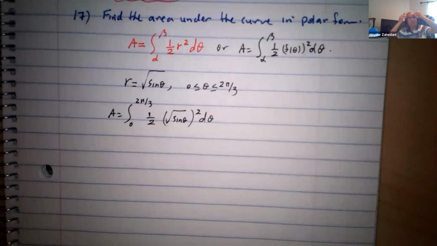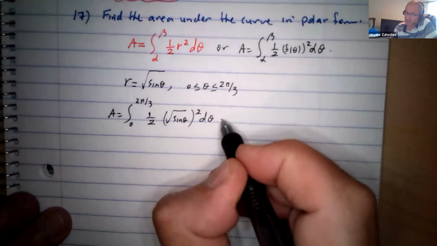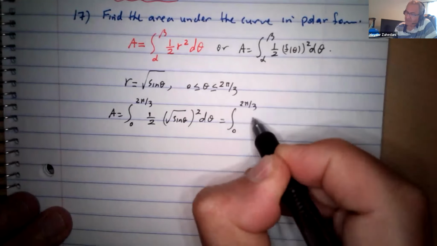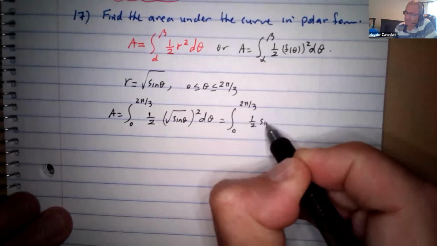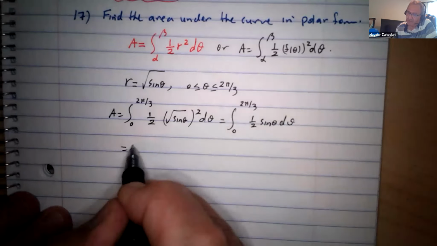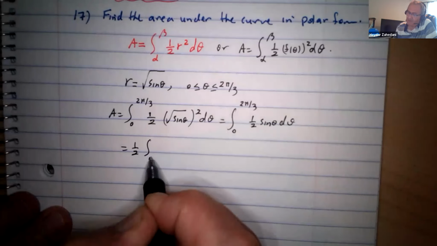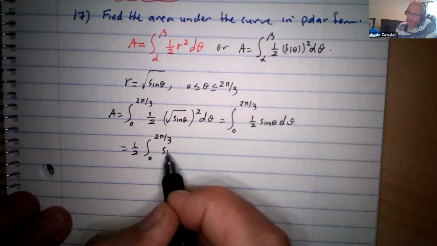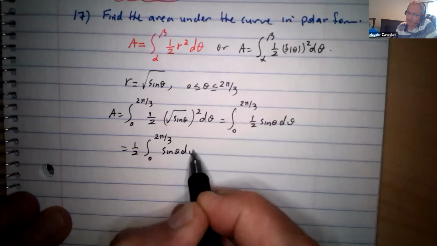You integrate f of x dx, but in the polar form, the formula is different. So you just square it, 0 to 2π/3, that gives 1/2 sine of theta d theta, that's it. Put out the 1/2, integral from 0 to 2π/3, sine of theta d theta.